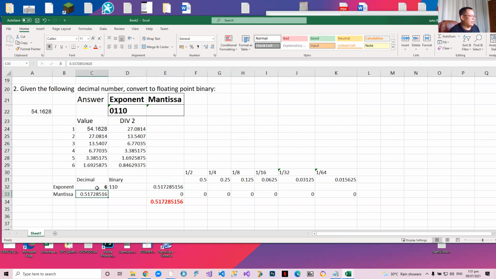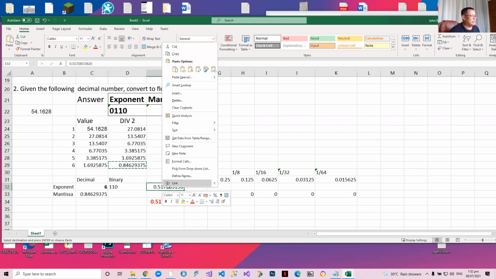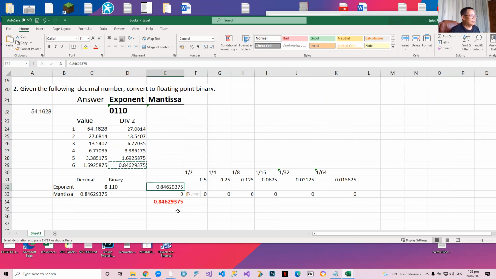And our value is this. Now, this is our value. We also paste it here. So now we're ready to pick and mark.